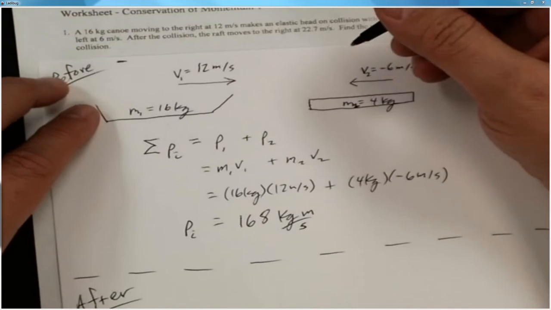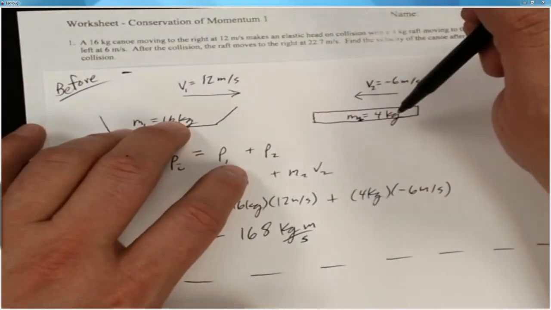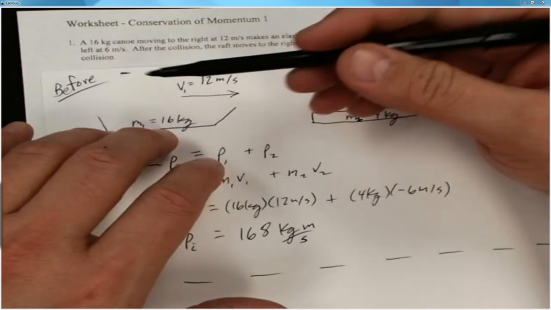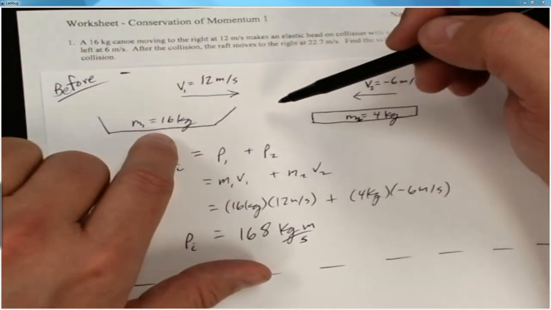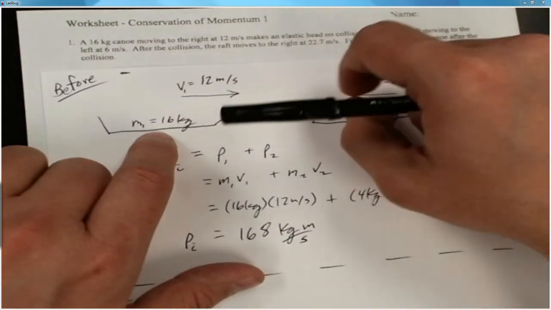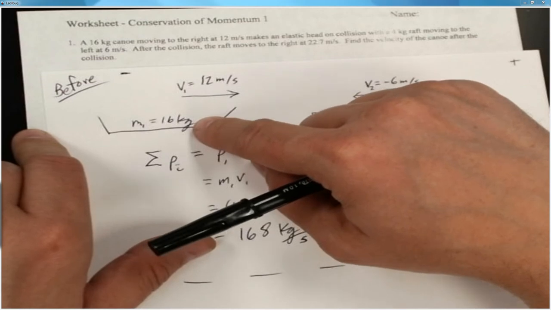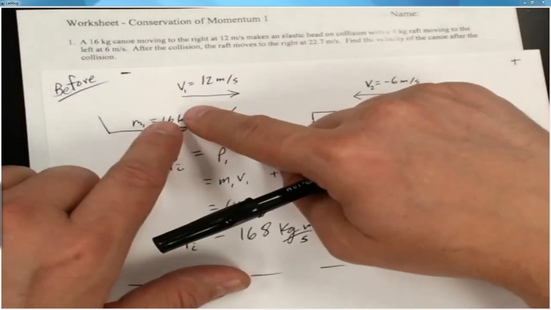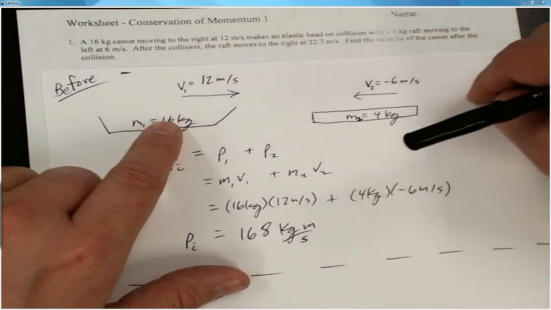Now, bounce could mean that this one completely stops and that one keeps going. So bounce could be that the raft goes off to the right and the canoe goes off to the left. Or bounce could mean the canoe stops and the raft moves to the right.